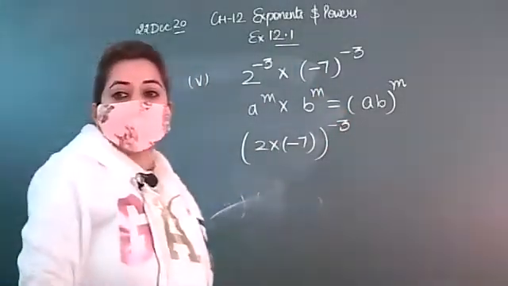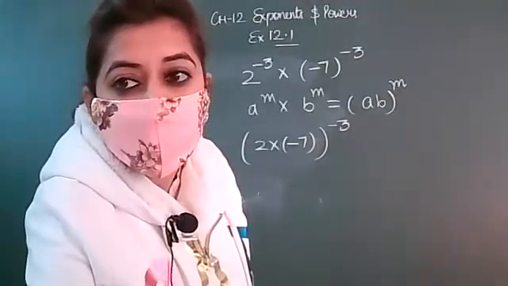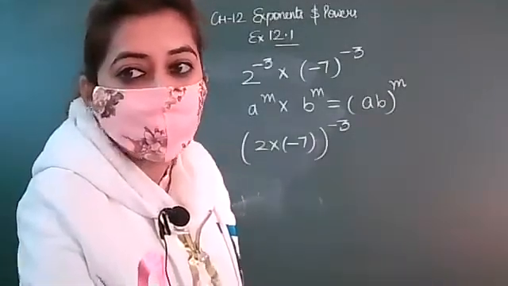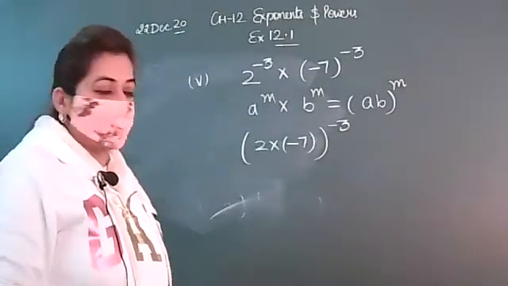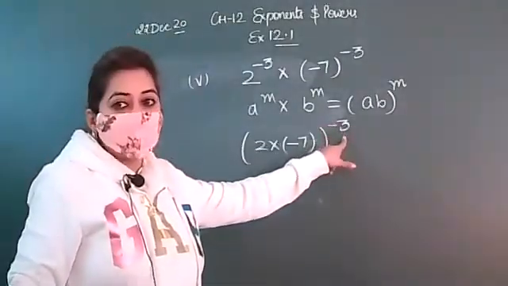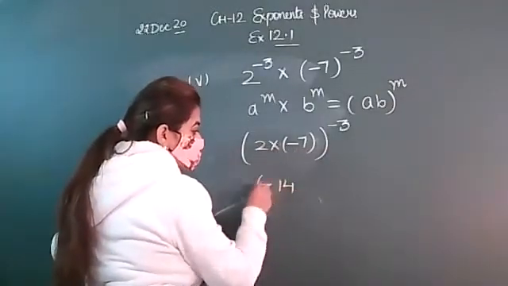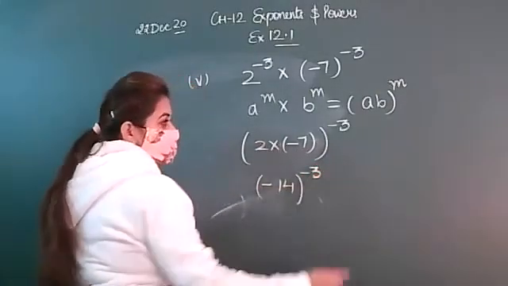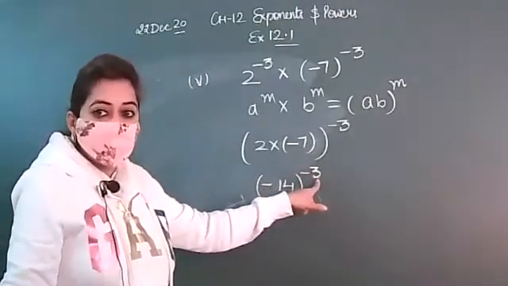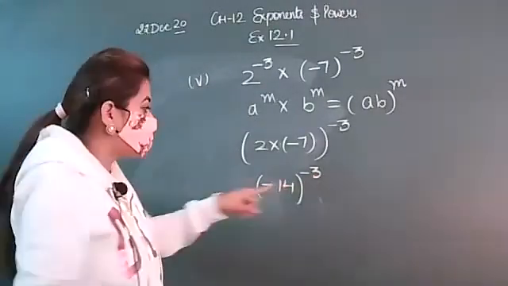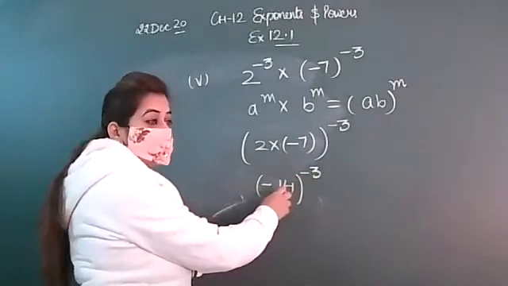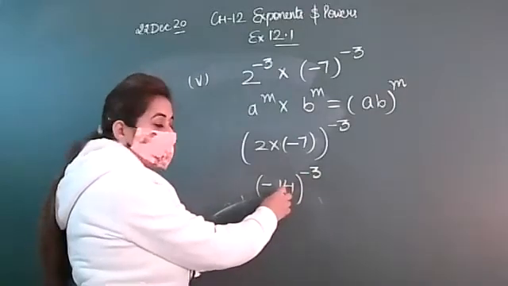Now, as you can see, in the question it is given to simplify and write the answer in the exponential form with the positive power. So you will make this power positive. Now multiply this. 7 twos are 14. This will give you minus 14 raised to power minus 3. Now we want to convert it into positive form because it is written. So you will convert it by using the reciprocal, or you can say multiplicative inverse.